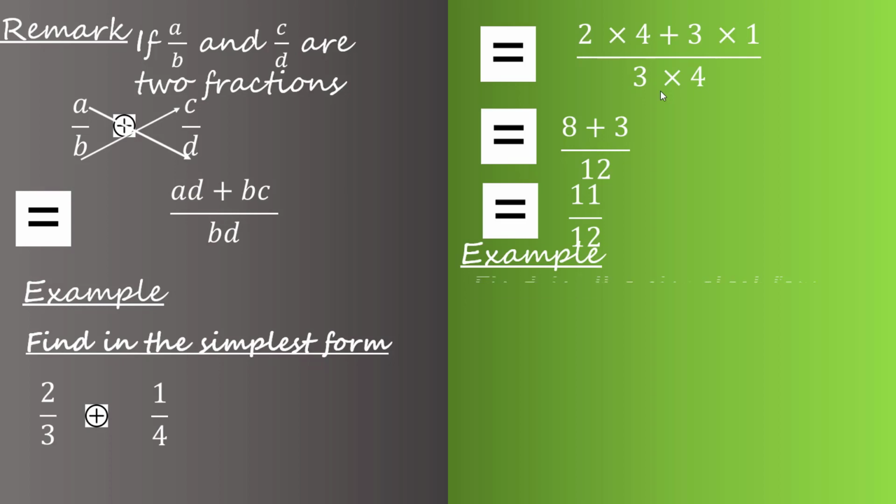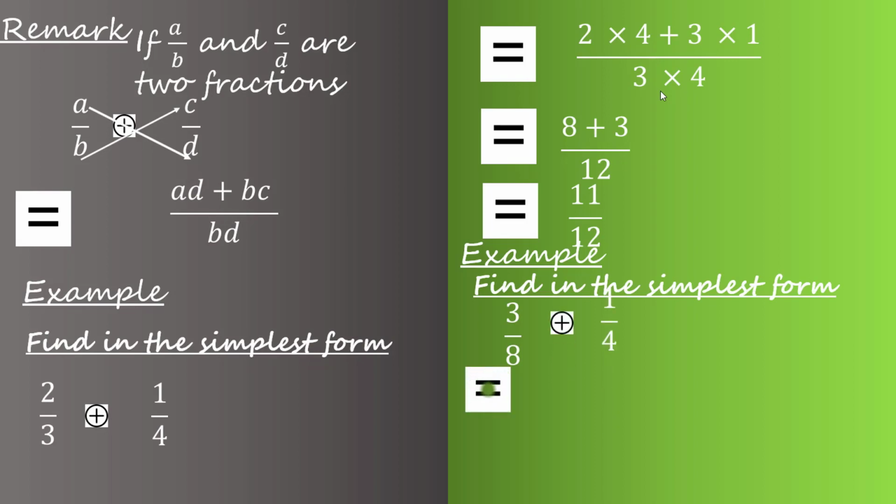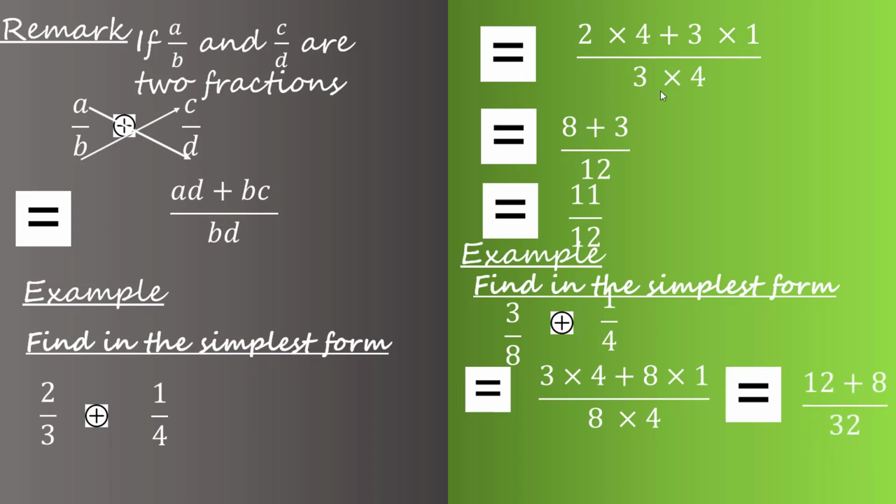Another example, find in the simplest form 3 over 8 plus 1 over 4. By the same way, we have the new denominator, which is 32, 8 times 4, and cross products 3 times 4 plus 8 times 1. So it will be 12 plus 8 over 32.